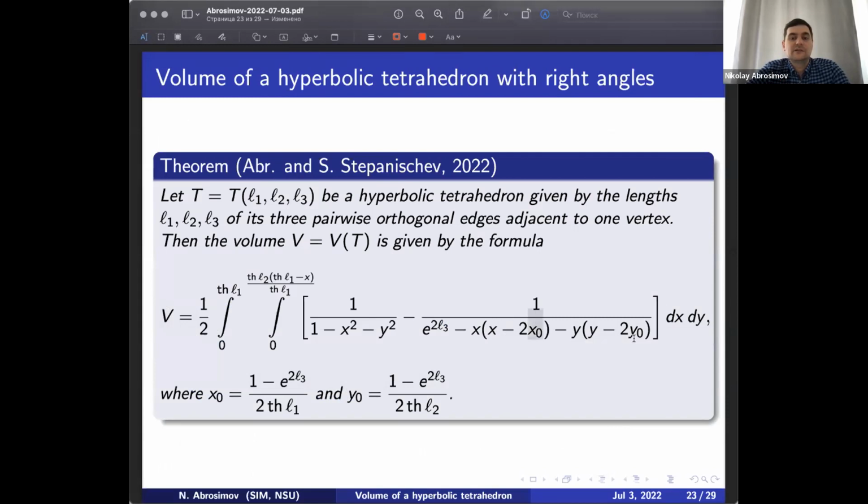Here, x0 and y0 are nothing more but coordinates of the center of the hyperplane defining the upper face of the tetrahedron in the standard position.